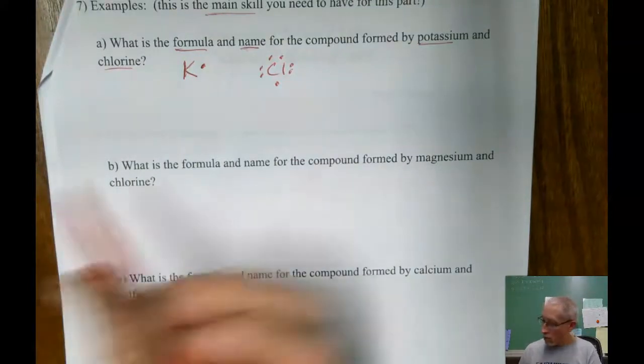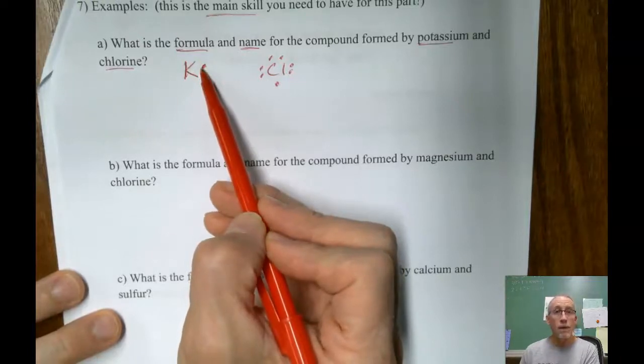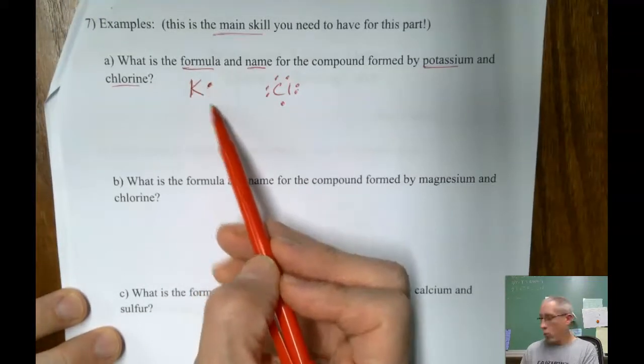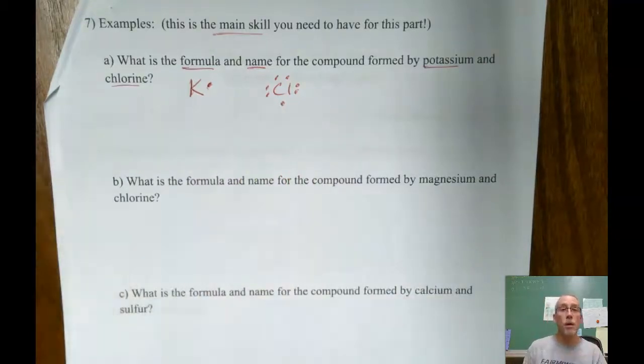Okay, so here's a case where I think most people can see this. This one electron that potassium is going to try to get rid of would be great over here in this chlorine atom. And then both of them become an ion, a potassium ion with a positive charge and a chloride ion with a negative charge.